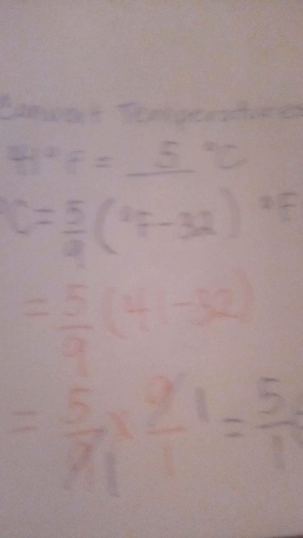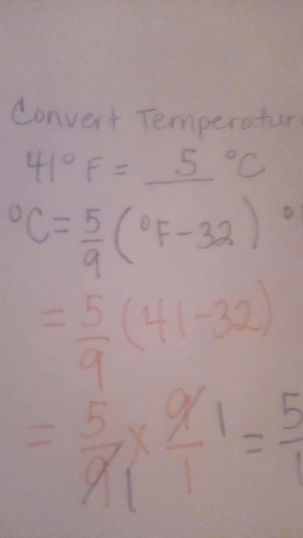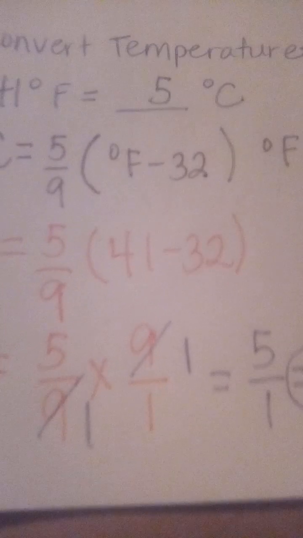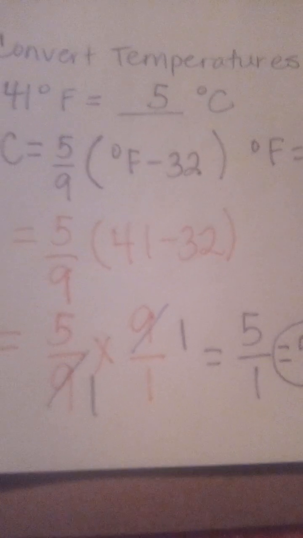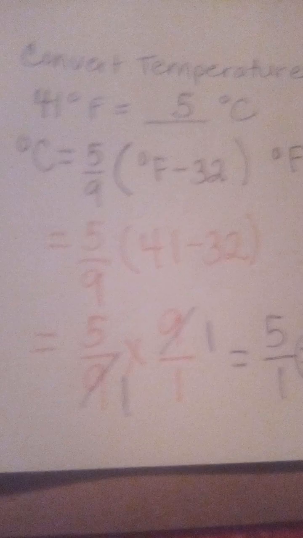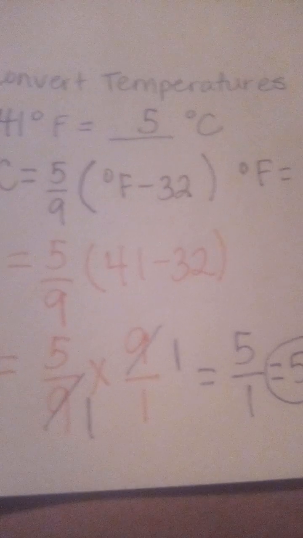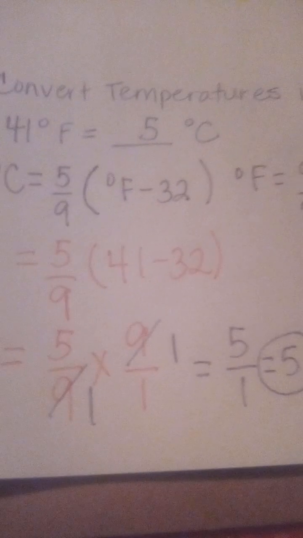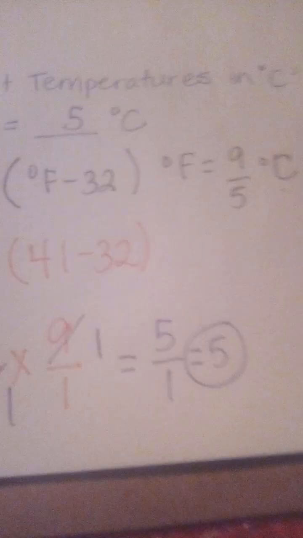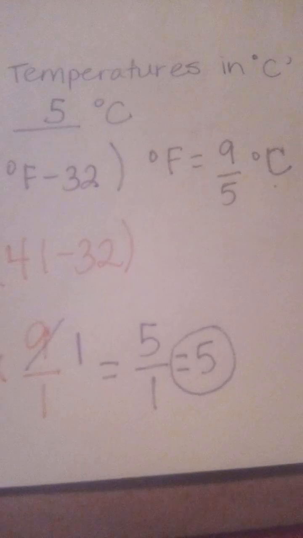Then you multiply 5/9 times 9 over 1. The next question is, are there any numbers that can be reduced? In this case, it's the 9s. 9 divided by 9 gives us 1 for both the numerator and the denominator. Then you multiply the numerators and the denominators, which gives us 5.